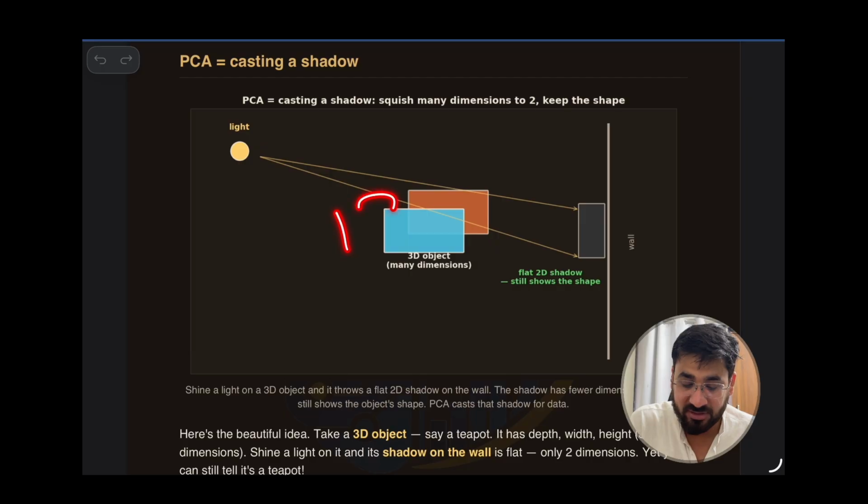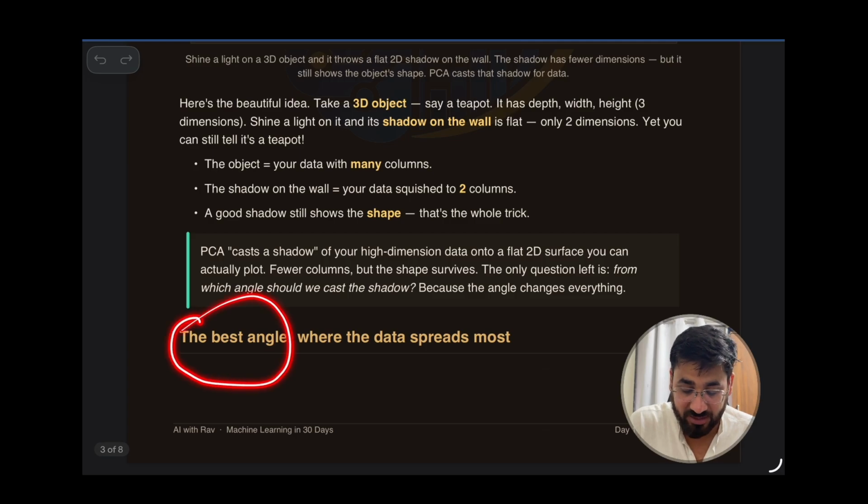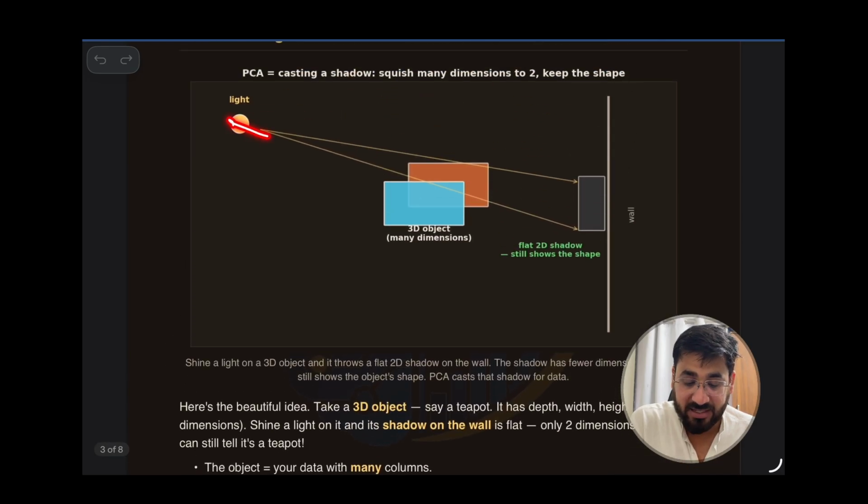So one dimension gets reduced. You got the example? Now I will ask you, what is the best angle of this light so that we get the image on the wall which has most of the information of this 3D cuboid or cube?